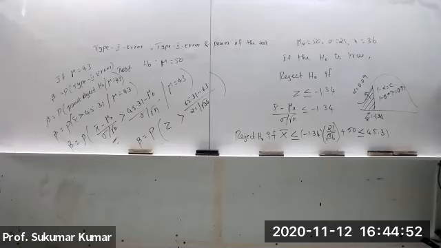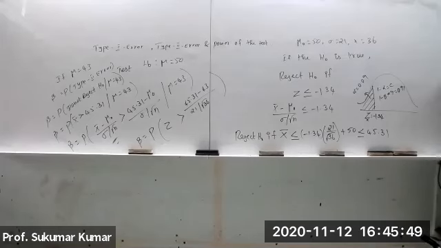So 1 minus phi of 0.66, that is beta value is 0.2546. Correct.